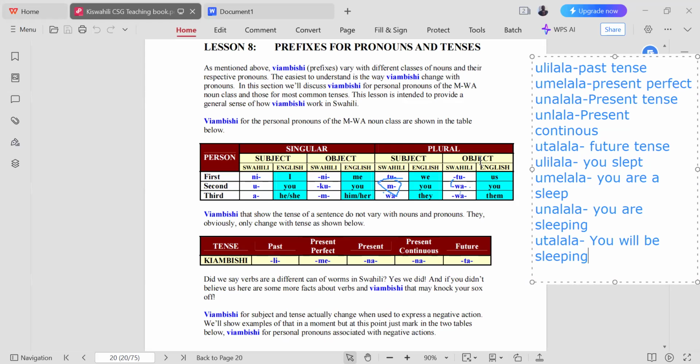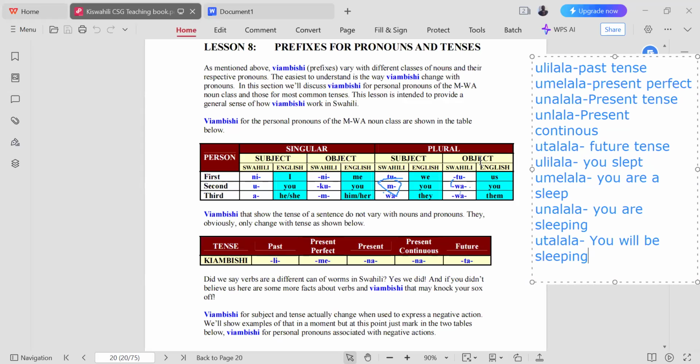Is that okay? Now, Sister Chisomo, can you tell Valerie and Gleroy that they will be sleeping? Yes, because they are in the second category, the second person pronouns, but in plural.